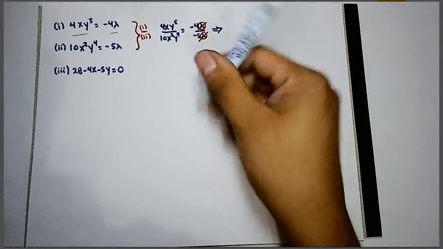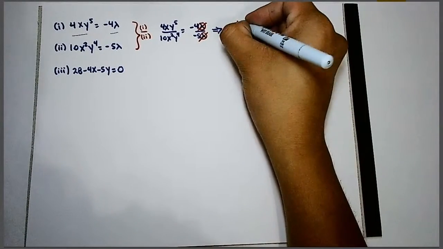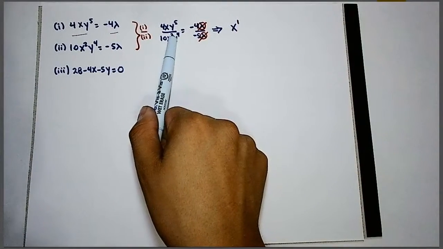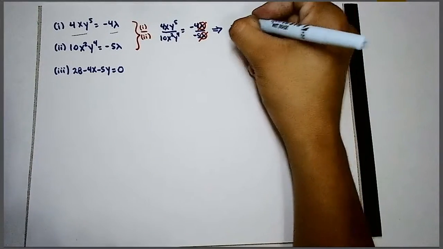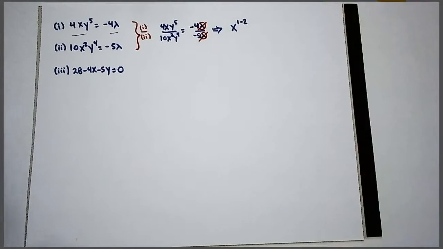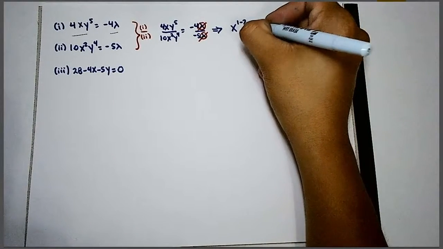Notice, here we have x, and then this 2 goes up with a negative sign. The same for y.